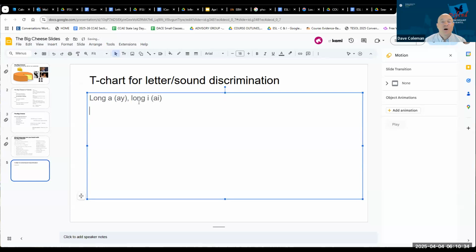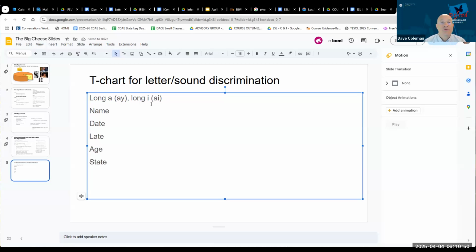Okay. So A words. Let's use what we talked about in Ventures: name, date, late, age, state. What are some other words that we did? That's good enough for now.